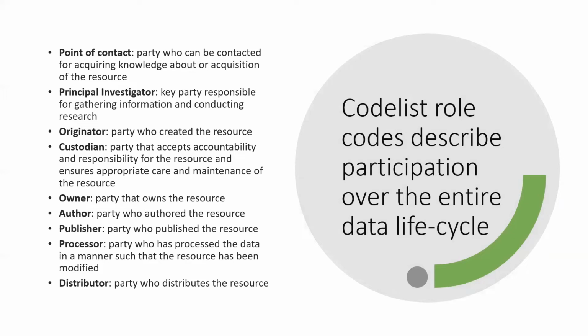While you don't need to include every role code in your metadata records, approaching these roles in terms of citations and reusability may help focus on the most important aspects of the metadata to cover. For instance, it's important to give credit to the principal investigators or authors, as well as the publisher for basic citation purposes. Designating a point of contact is also key, so potential users know where to direct questions.